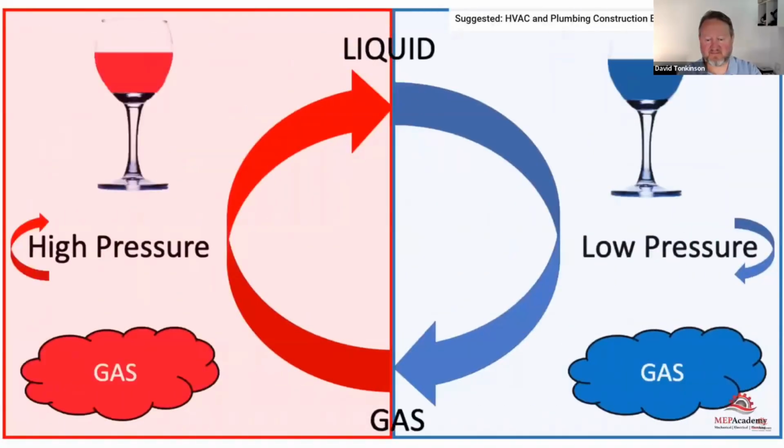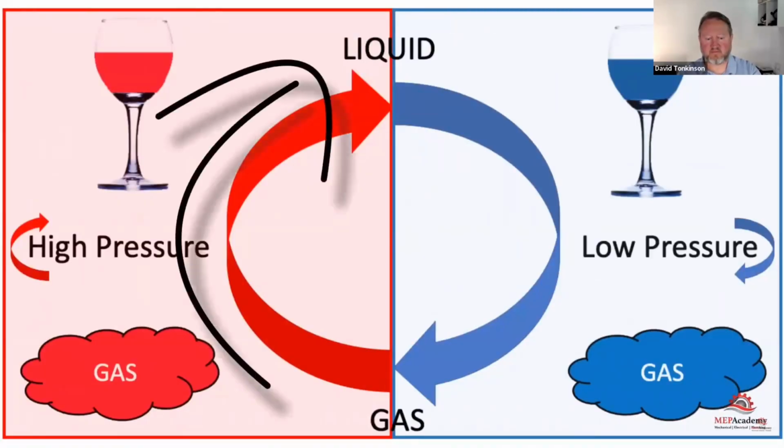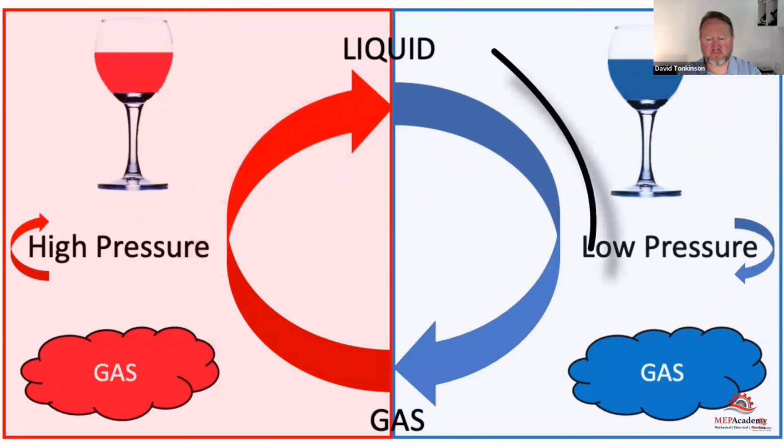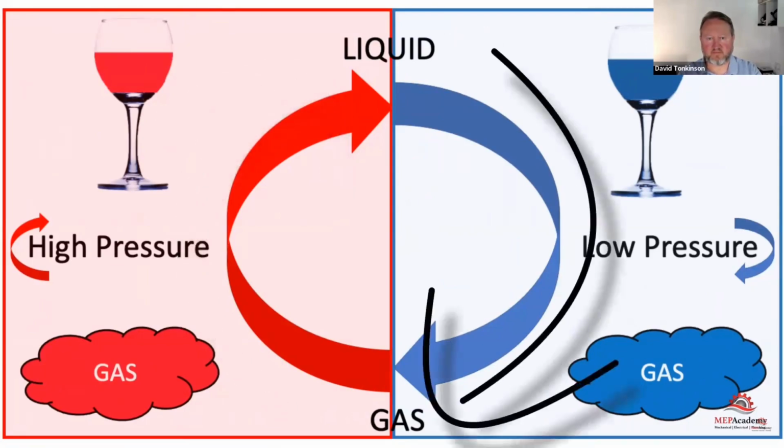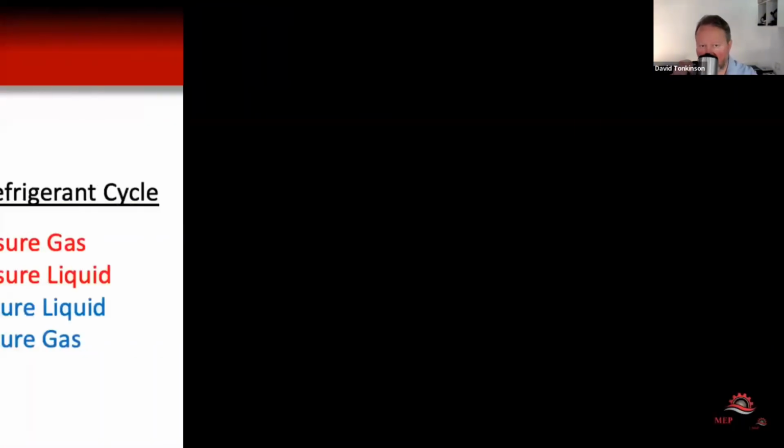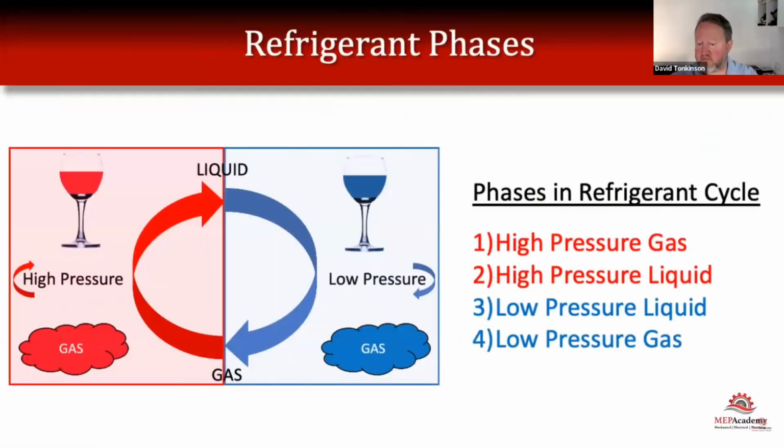And this refrigeration cycle is a continuous changing of the state of the refrigerant from gas to liquid and then liquid back to gas over and over again in the process while moving heat around. There's basically only four conditions you'll find in the refrigeration cycle. You're either going to have high pressure gas, high pressure liquid, low pressure liquid, or low pressure gas.